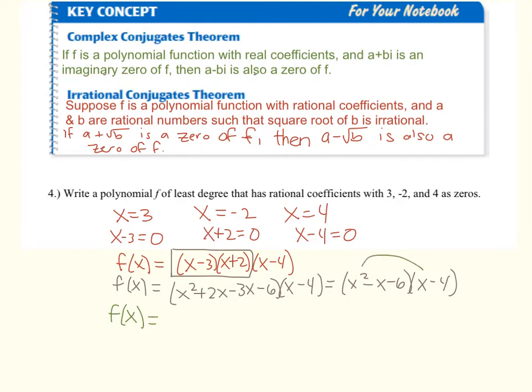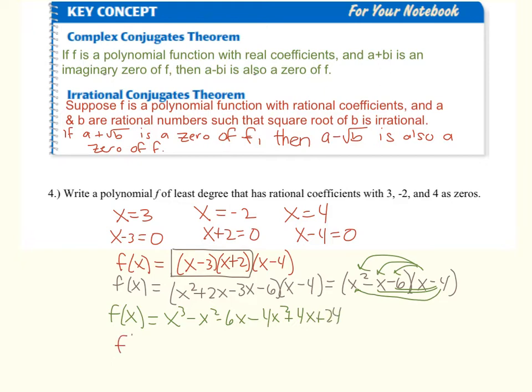use the double distributive property and distribute the x to everything, I'll get x cubed minus x squared minus 6x. And then I'll distribute the 4 to all three terms, and I'll have minus 4x squared plus 4x plus 24.